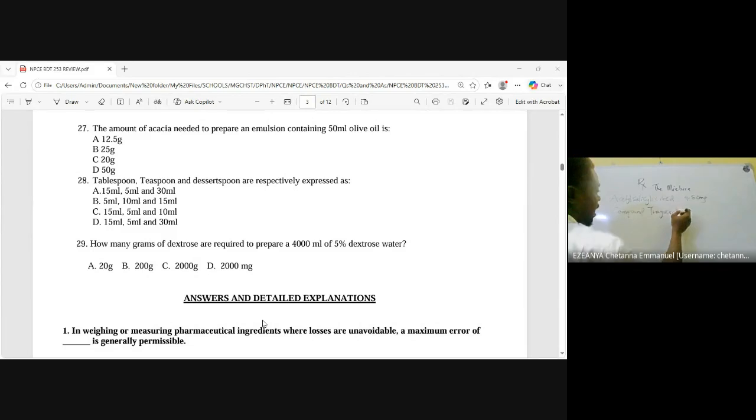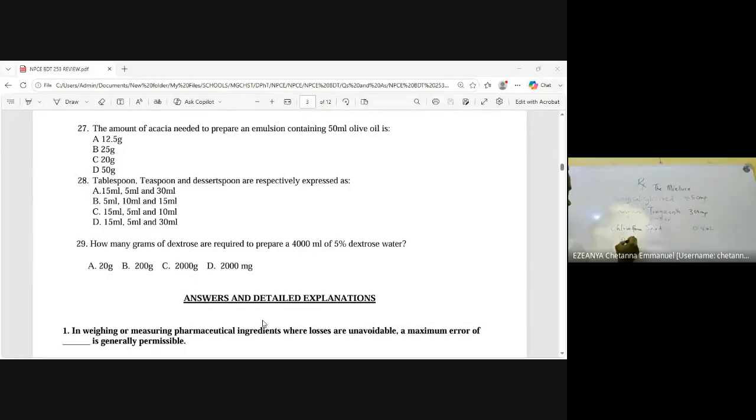Compound tragacant powder, 300 mg. Chloroform spirits, 0.4 ml.